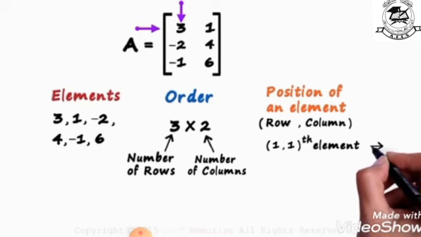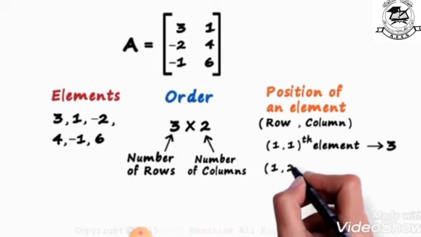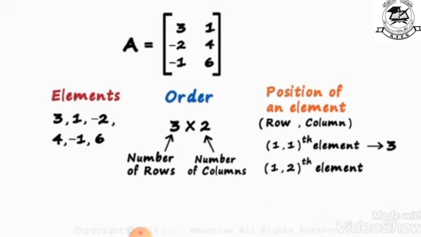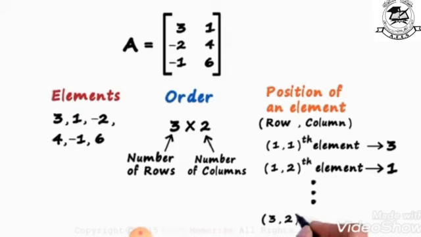This is row 1 and column 1. The number is 3. 1/2th element is in 1st row and 2nd column. The number is 1, and so on. 3/2th element, 3rd row and 2nd column. The number is 6.